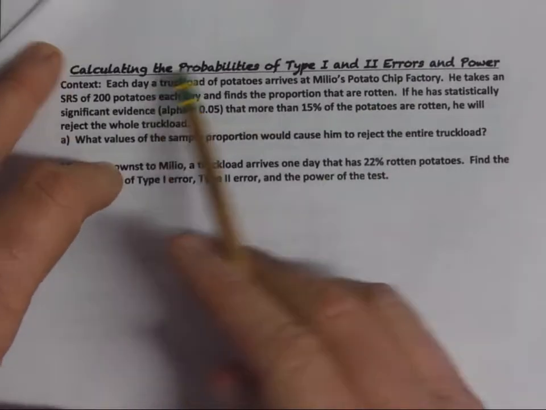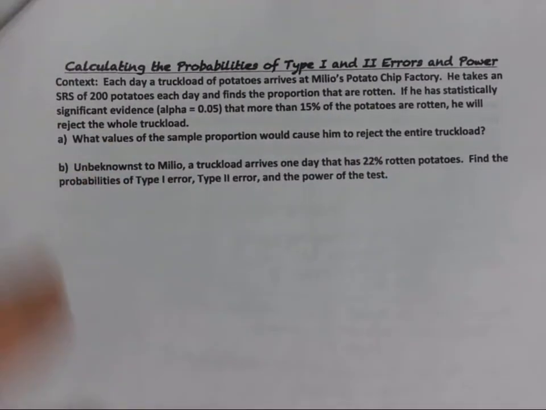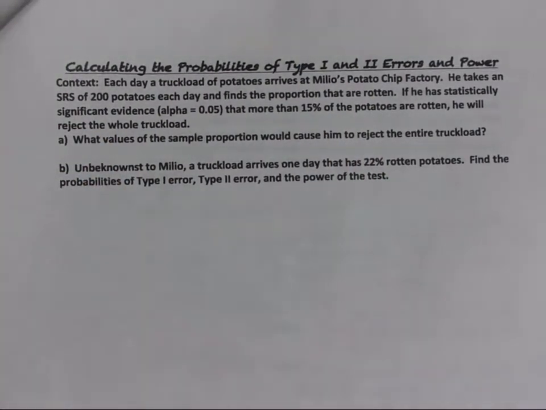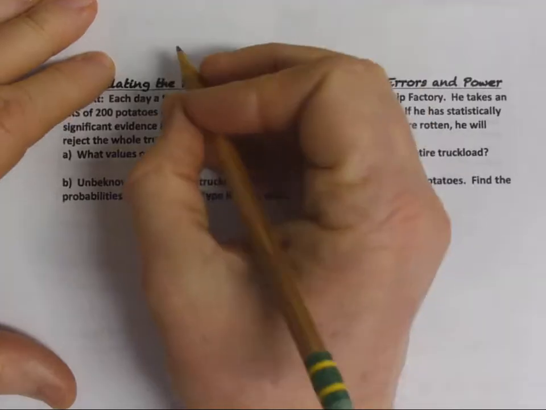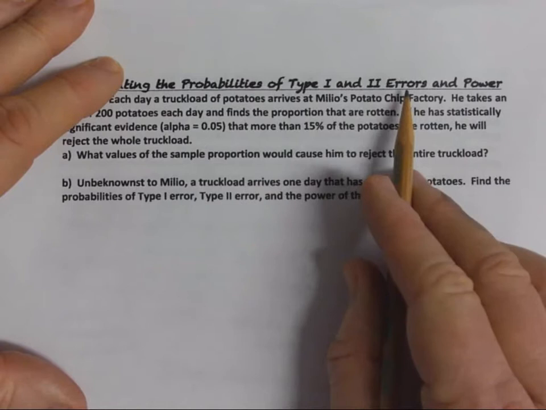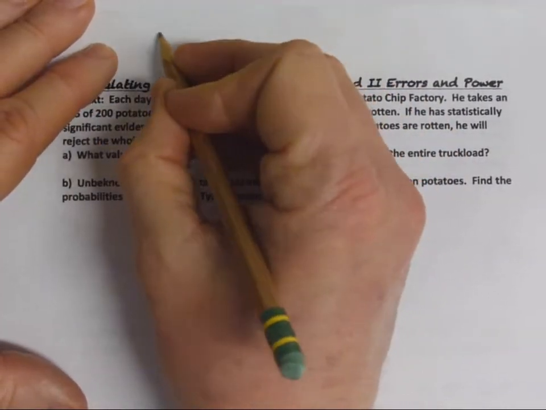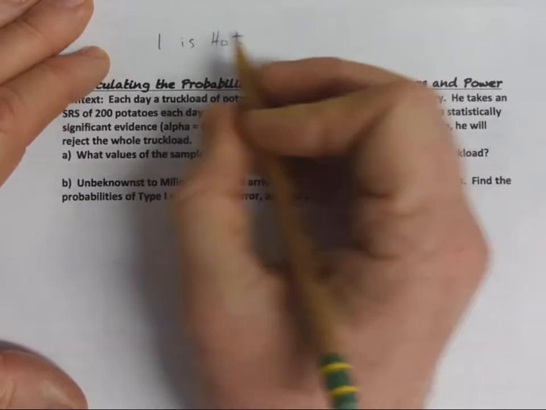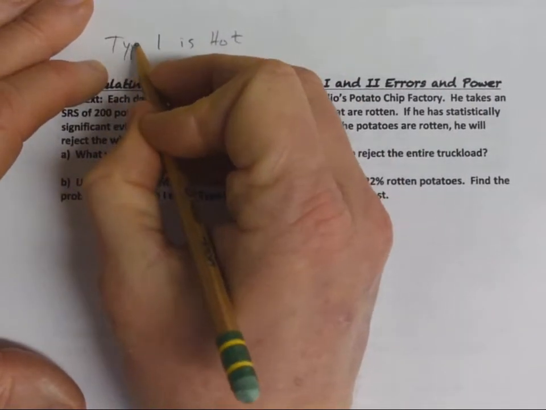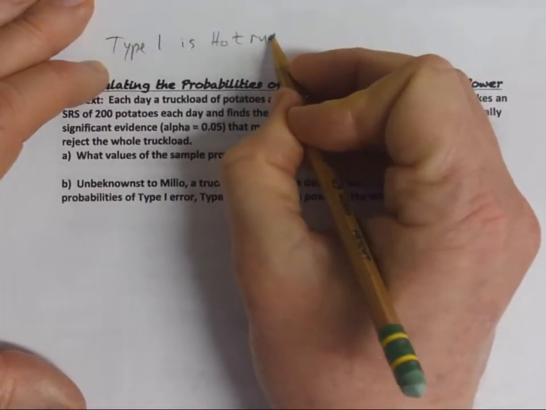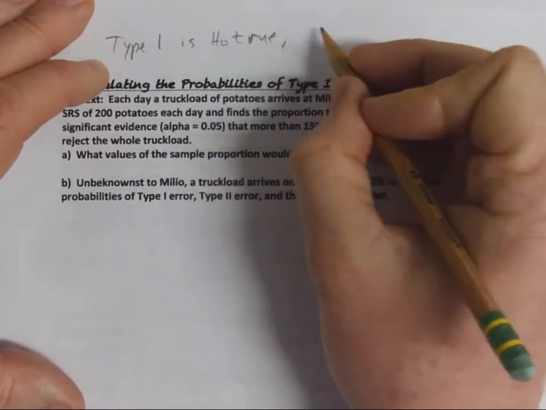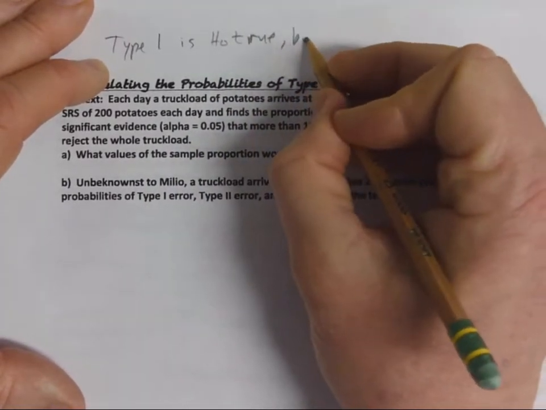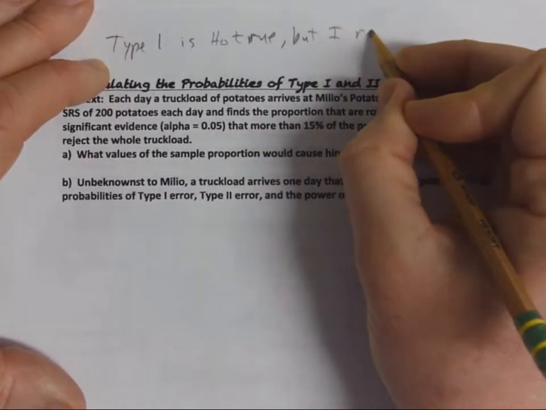So, calculating the probability of type 1 and type 2 error and the power. You'll recall from the previous section, whenever I encounter type 1 and type 2 error, I say to myself this: 1 is hot. So what that means is, in type 1 error, the null is true, and it's an error, so I must have rejected it.